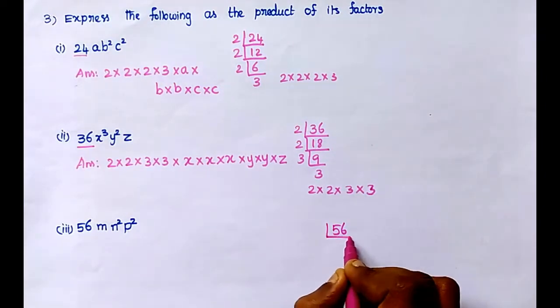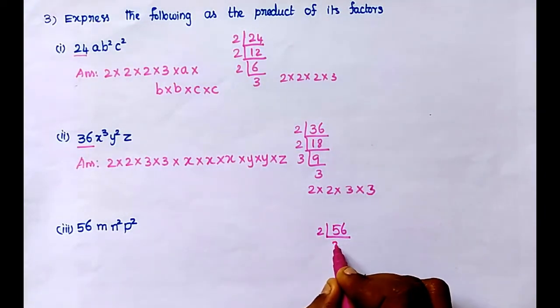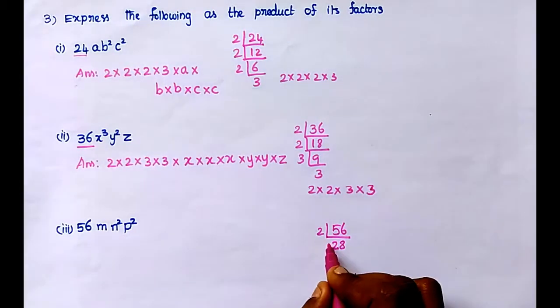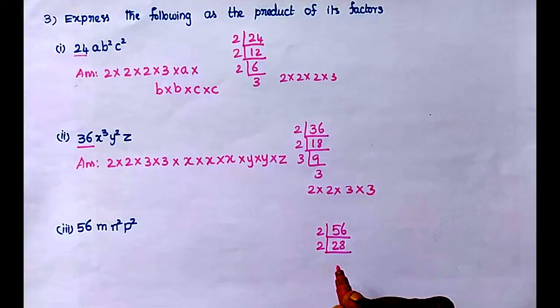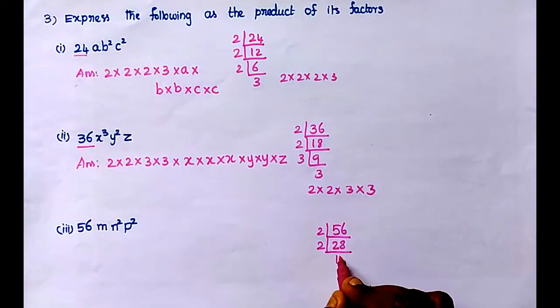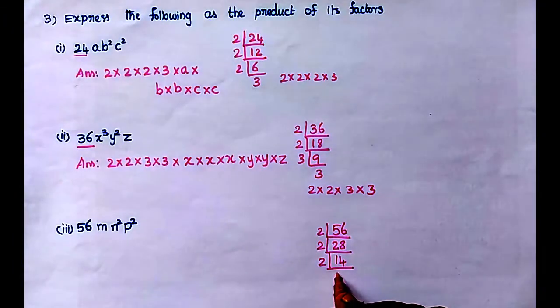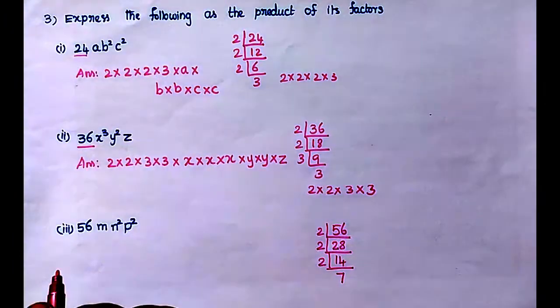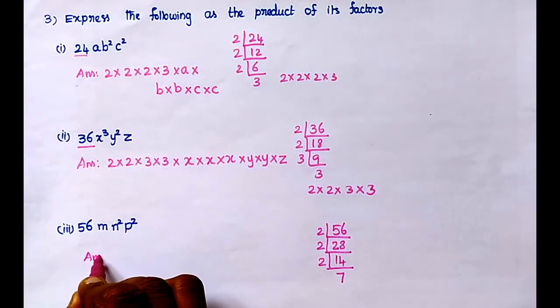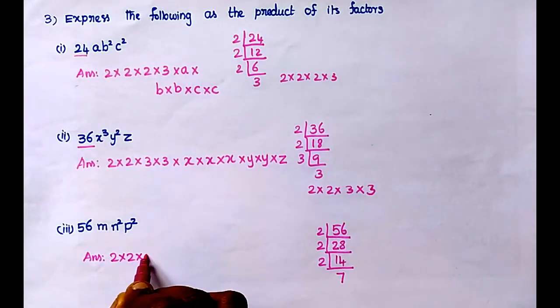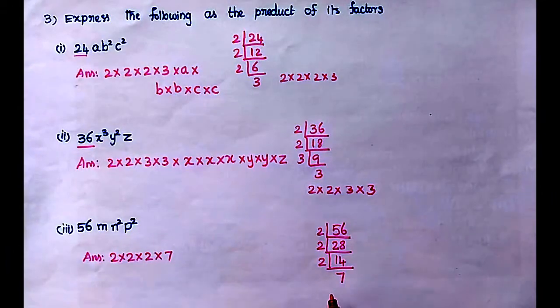Next one, 56 mn square p squared. 56 divided by 2, 2 twos are 4, balance 1, it becomes 28. Again divided by 2, that is 14, again divided by 2 means 7. Now answer 2 into 2 into 2 into 7.